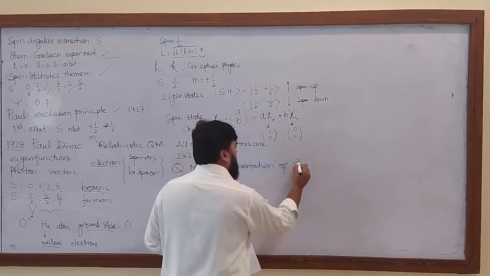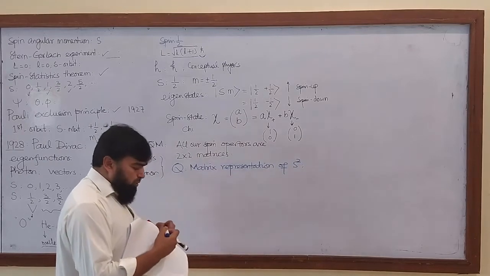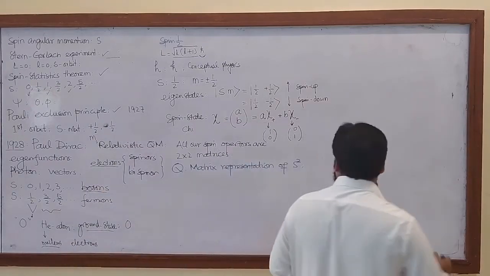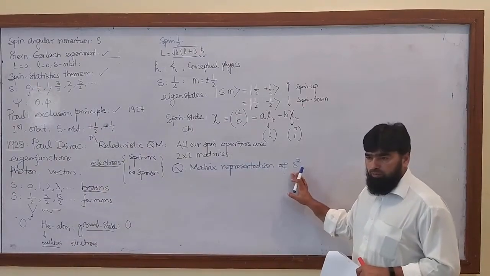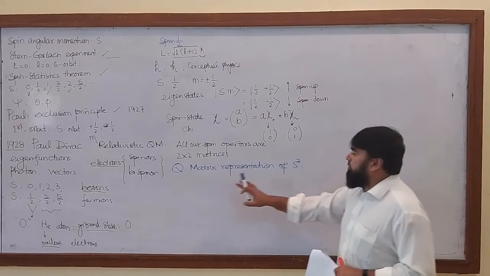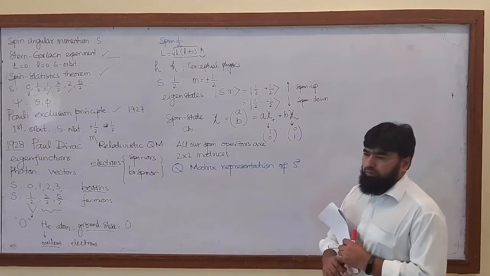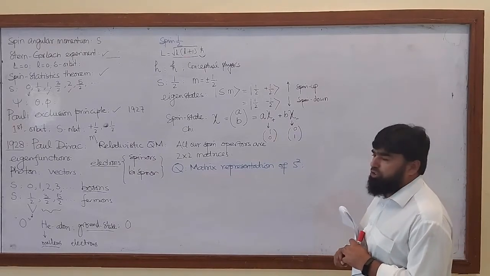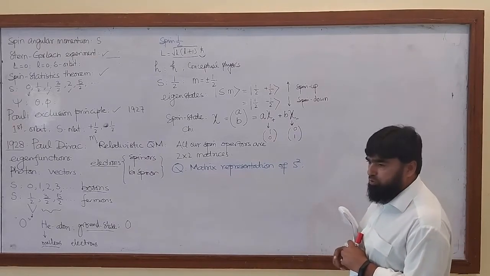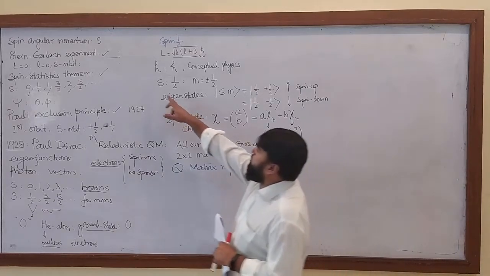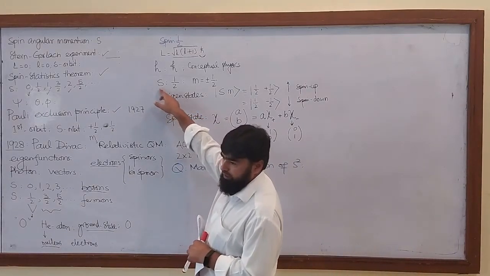of S square. If I want to write S in matrix form, then how will I be able to write this one? So the matrix representation of S square. What is S square? It is the square of this spin.